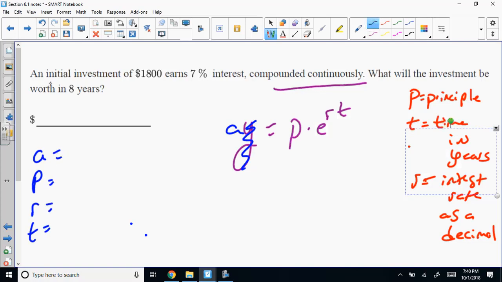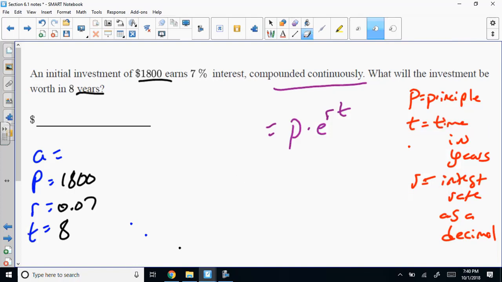So if initial investment, $1,800 at 7% interest is compounded continuously, what would the investment be in 8 years? There you go. Oh, yeah, if I could spell interest right.